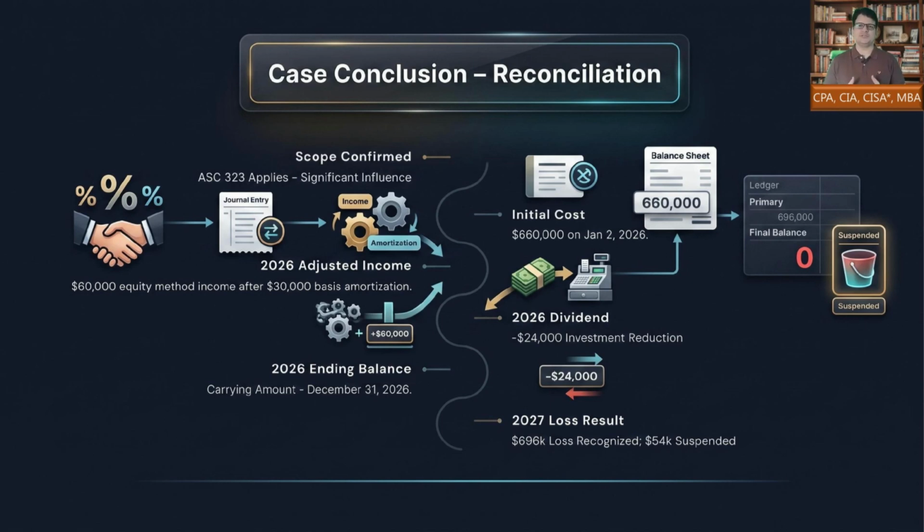The 2026 ending carrying amount is $696,000. In 2027, Vertex recognizes $696,000 of loss and suspends $54,000. A complete ASC 323 answer always ends with a reconciled carrying amount. If the final number cannot be traced, the answer is not finished.